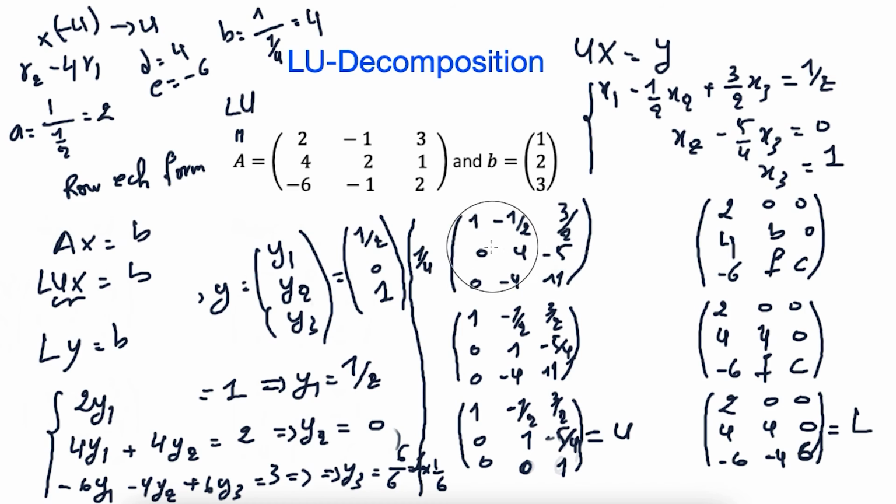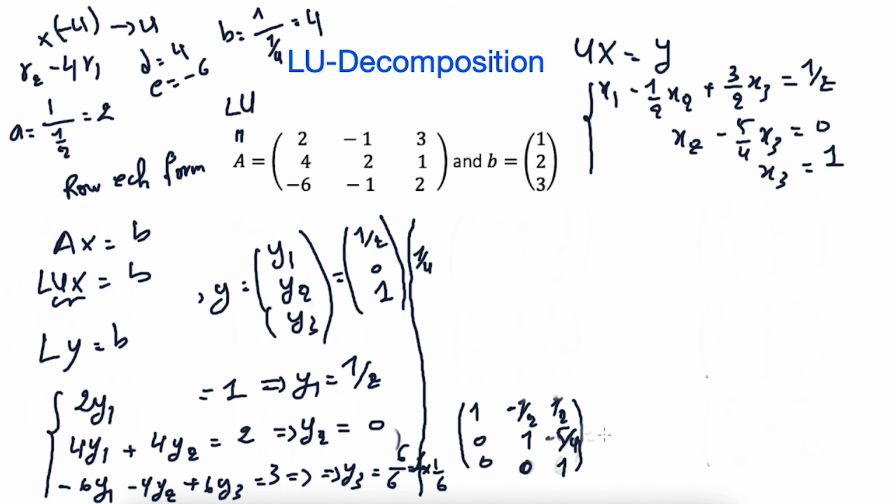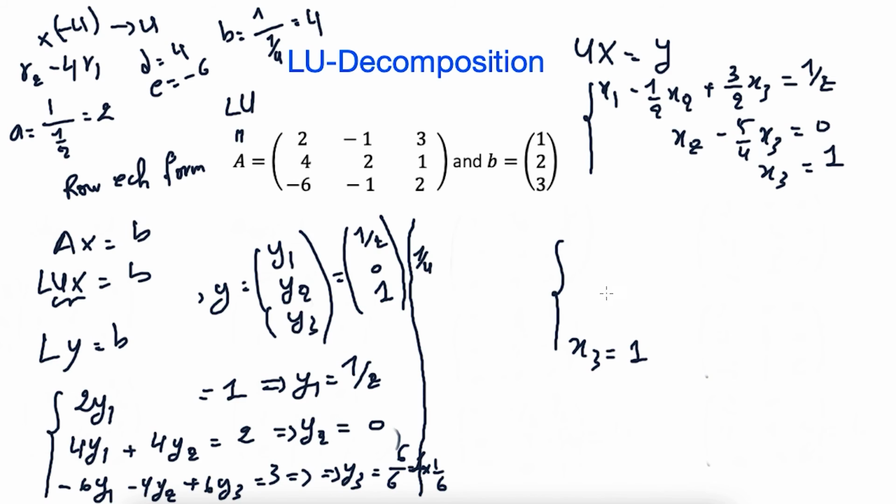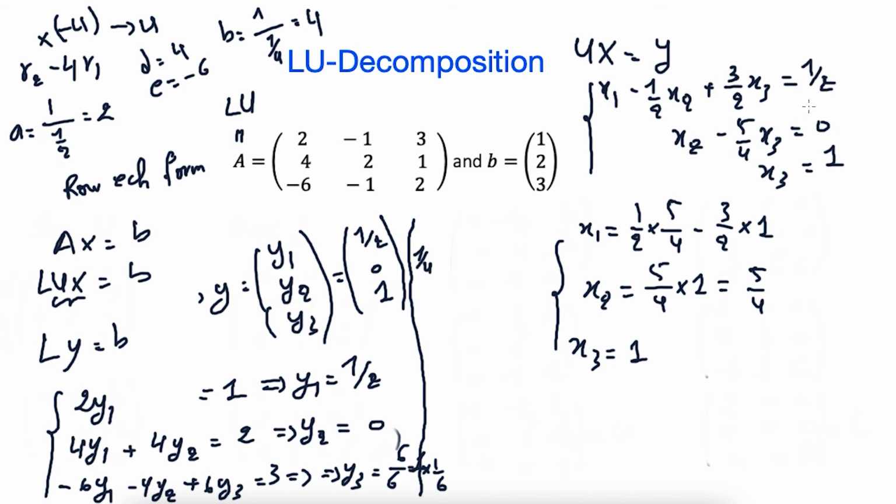So now we get the values for x3, which equals 1, and x2 equals 5 over 4 times x3, which is 1, so times 1, which is 5 over 4, and x1 equals 1/2 times x2, which is 5 over 4, minus 3 over 2 times x3, which is 1, and plus this 1/2 here.